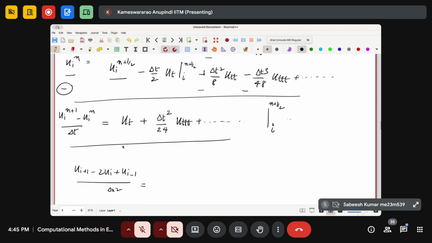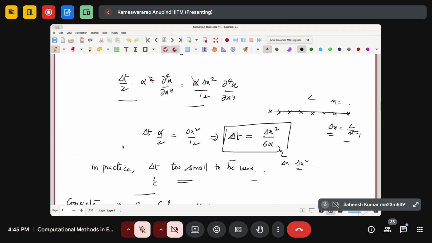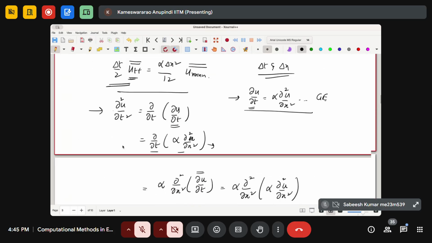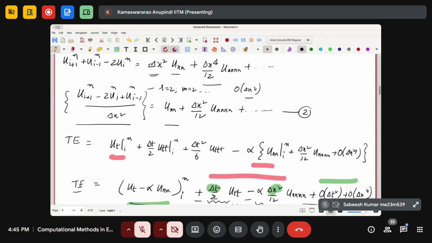Okay, so we have derived this formula before. This was in the context of explicit Euler. We have done this. So we have it here, which is nothing but u_xx plus delta x square by 12 u_4x, right? That's what we have.